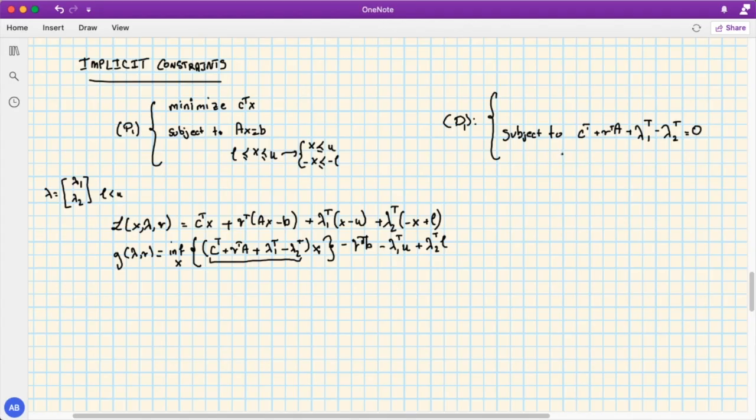Of course, I'm going to maximize here the resulting Lagrangian function with respect to nu and lambda, where lambda is lambda 1, lambda 2.